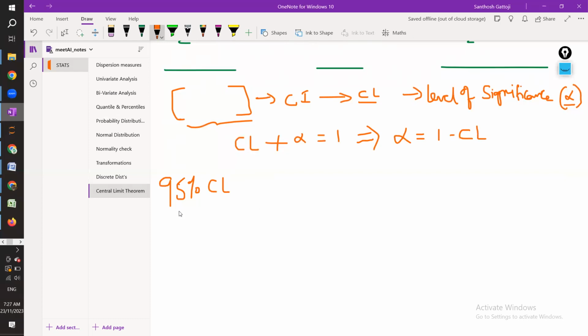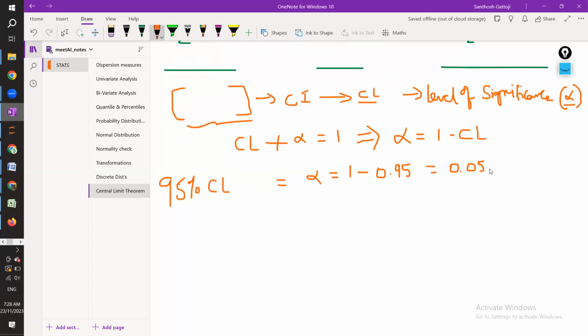So at a 95% confidence level, whatever interval you are giving, you want to give it at a 95% confidence level. So alpha is 1 minus 95%, which means 1 minus 0.95, which will be equal to 0.05.